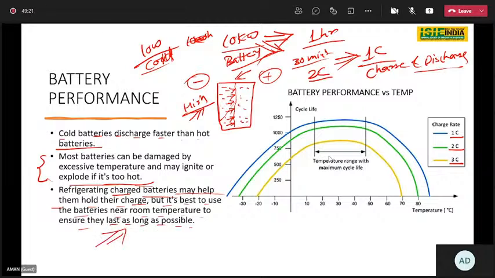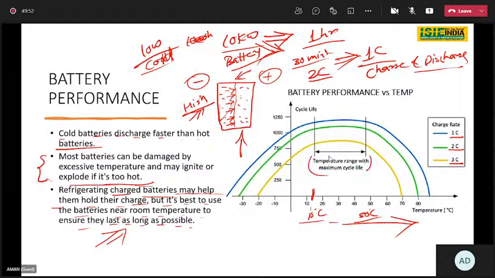Okay, so here, considering this particular graph, this is your temperature scale, and this is your battery cycle life. Here you can see the temperature keeps increasing, let's say 80 to 90 degrees. In this particular zone, 15 degrees Celsius to, let's say, 50 degrees, if you are working in between, that is the temperature range with a maximum life cycle.